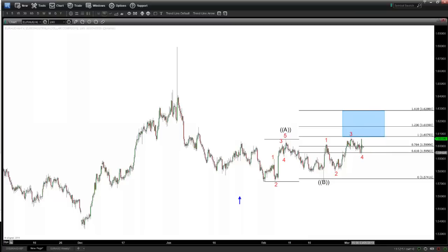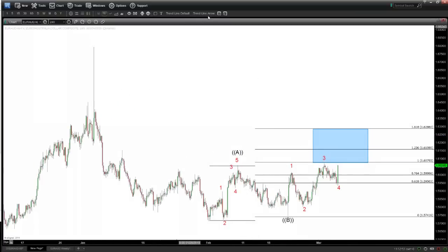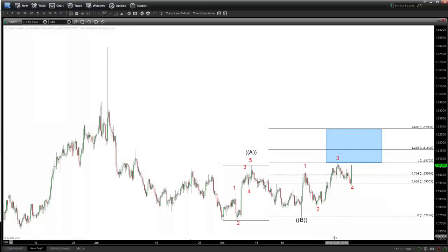You can see the 4-hour candle looks very strong now, and even though the minimum target is 160.80, I think we can easily extend within the blue box. We can easily extend. Target is always an area, never a specific level.